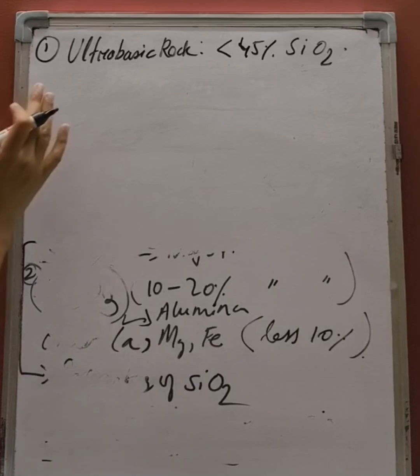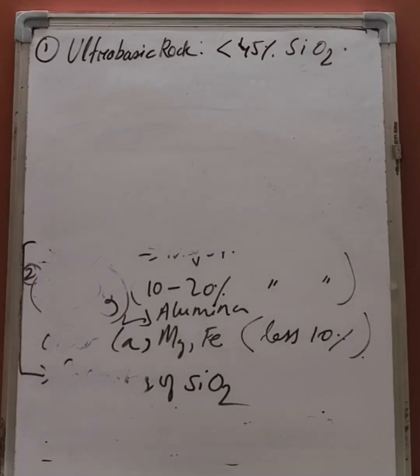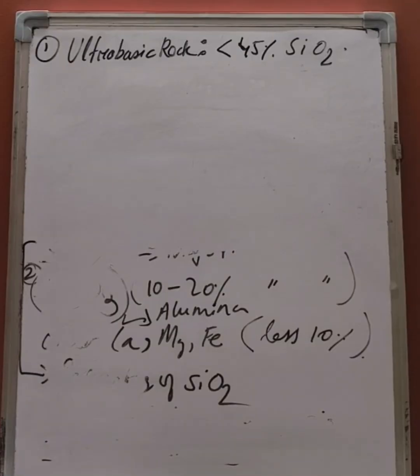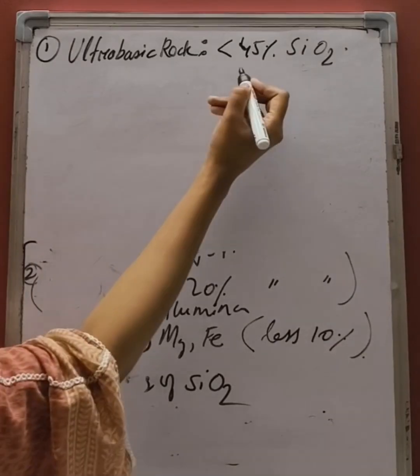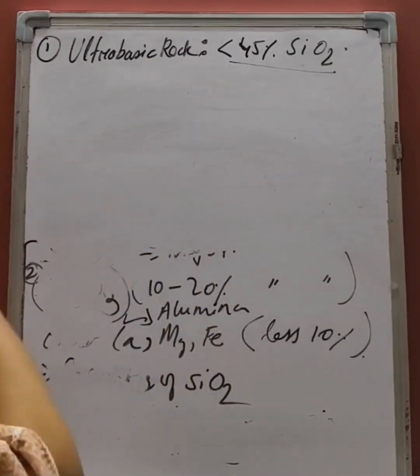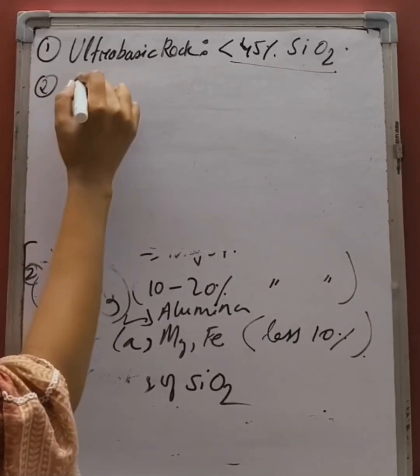This is the first rock type, depending on the chemical composition of the magma from which it has been formed, and it has the least amount of silica.